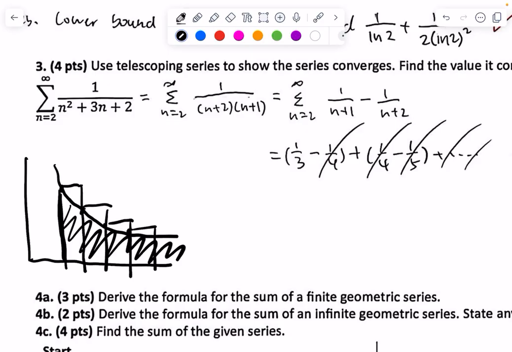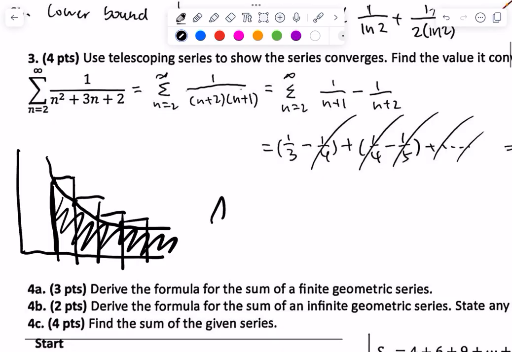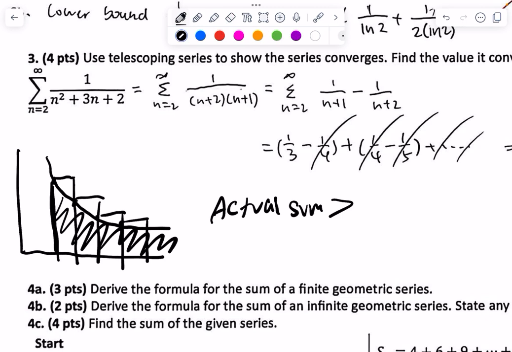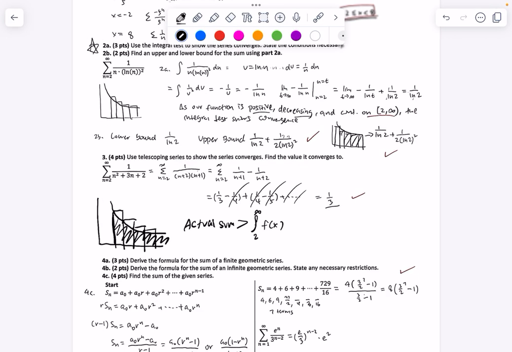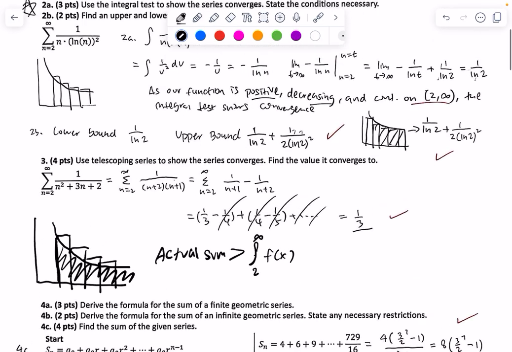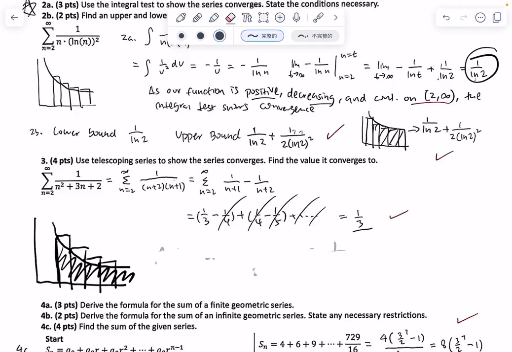So our actual sum ends up being greater than the integral, and I'll just say f(x) here, between 2 and infinity. But we know that this integral is 1 over ln 2. So we have found that the lower bound of this sum is 1 over ln 2.